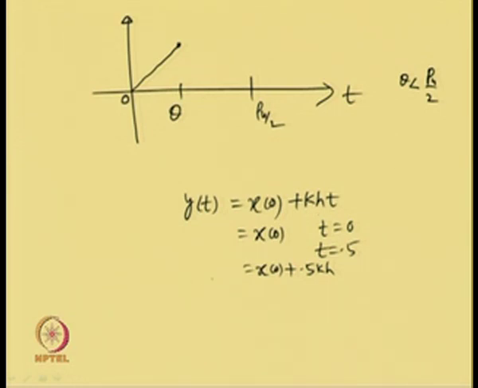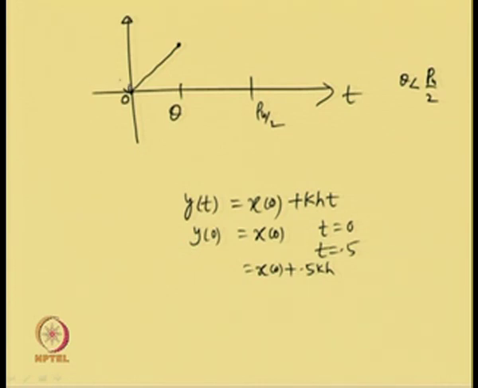Now, what is x(0) in this case? When time t equal to 0, y(0) is equal to x(0). So, the output at time t equal to 0 is y(0) over here, which is nothing but 0.